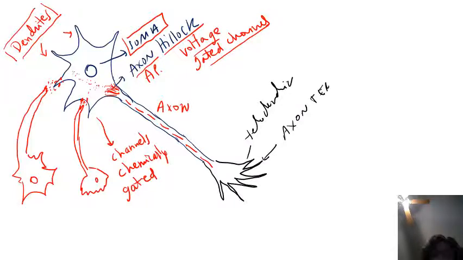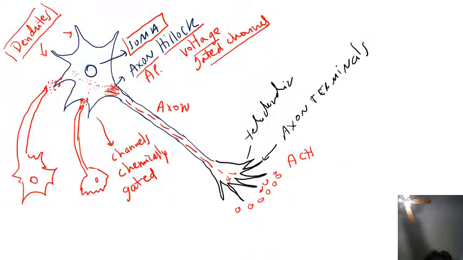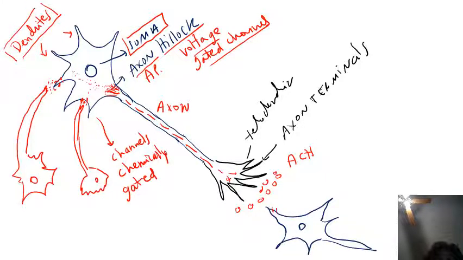The axon terminals are the place where the neurotransmitter will be secreted in response to the action potential. The receptor region of the next neuron or the effector organ will bind to the neurotransmitter.